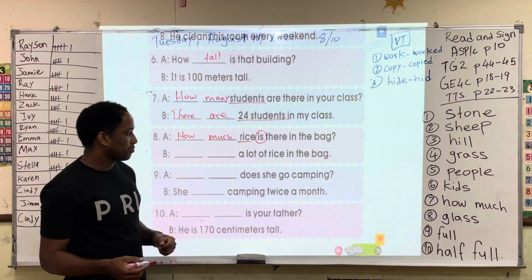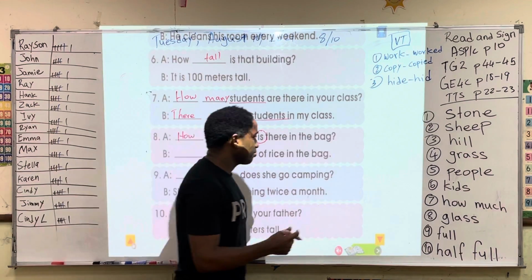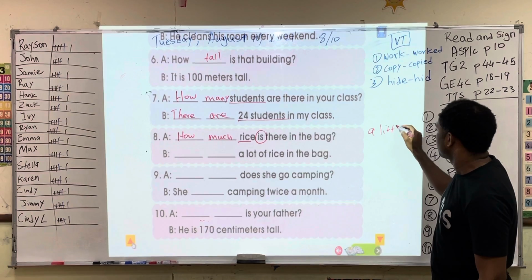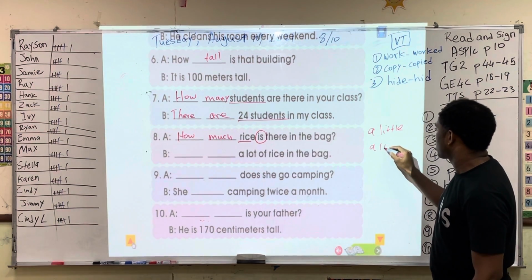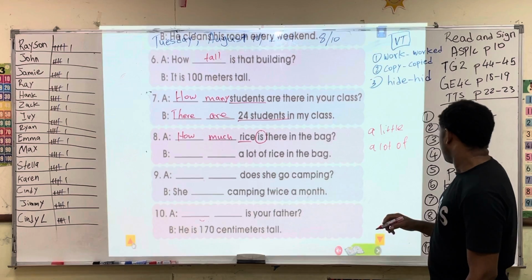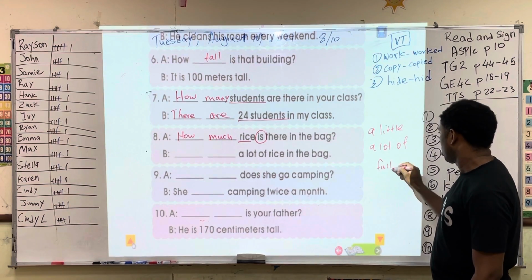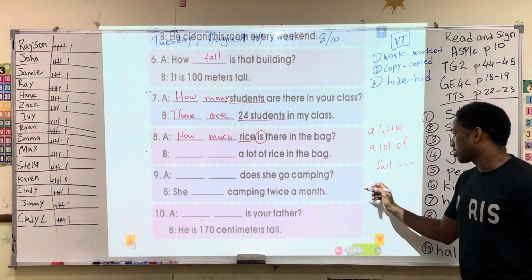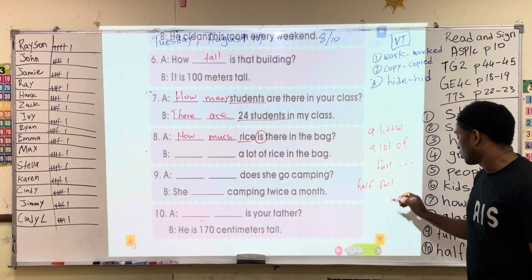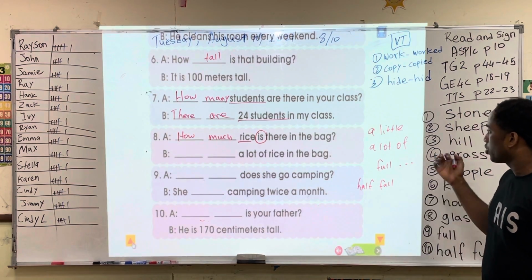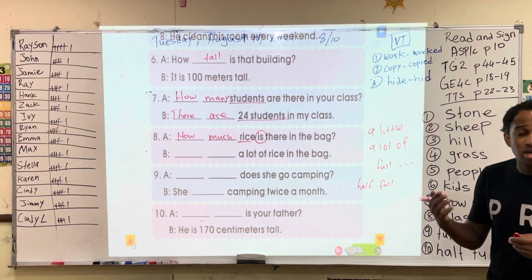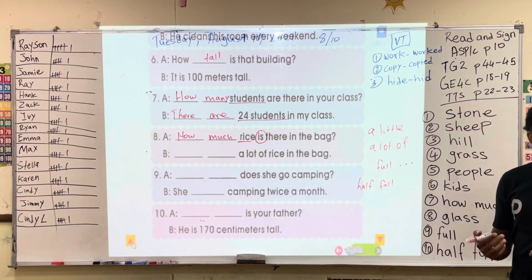Okay, so remember, with uncountable words you can use a little, a lot of, or you can say half full, full cup. There is a little water in the cup, there is a lot of water in the cup.